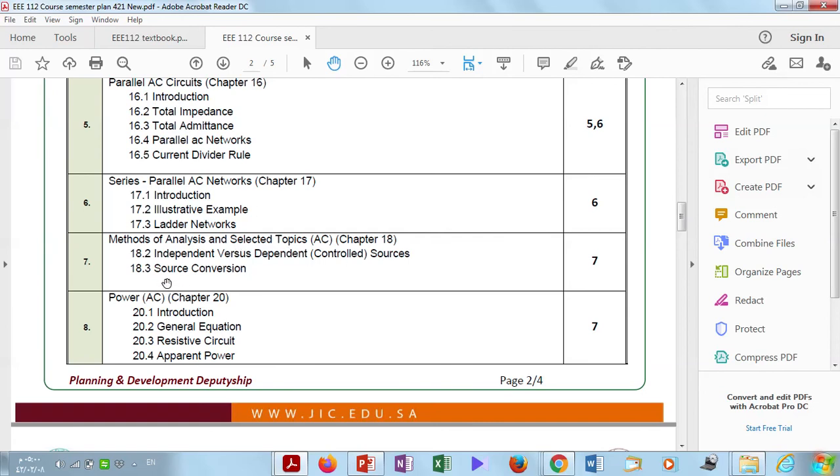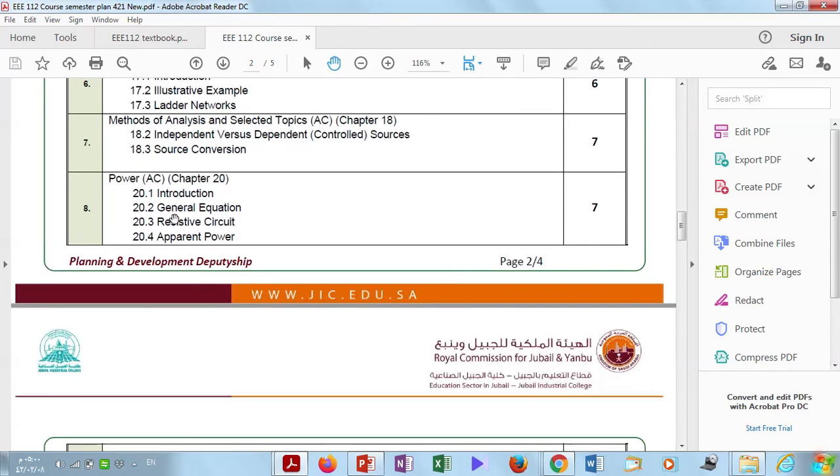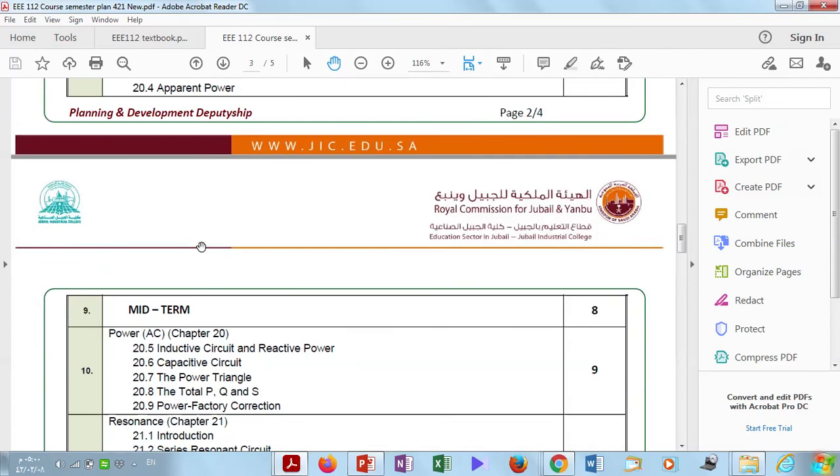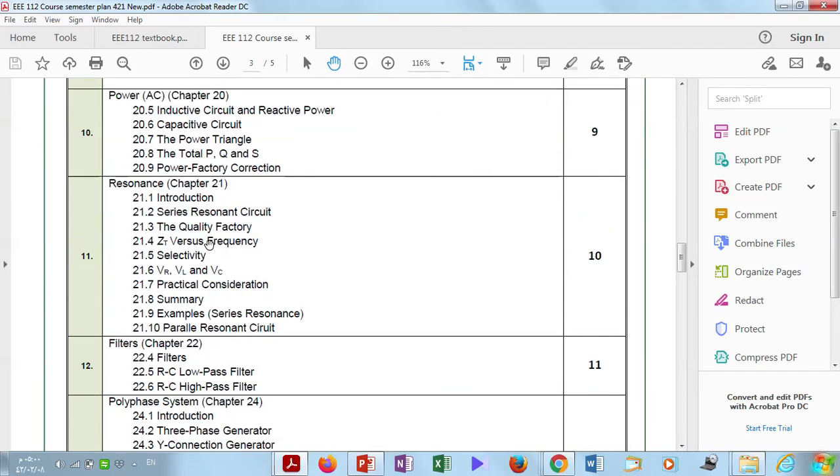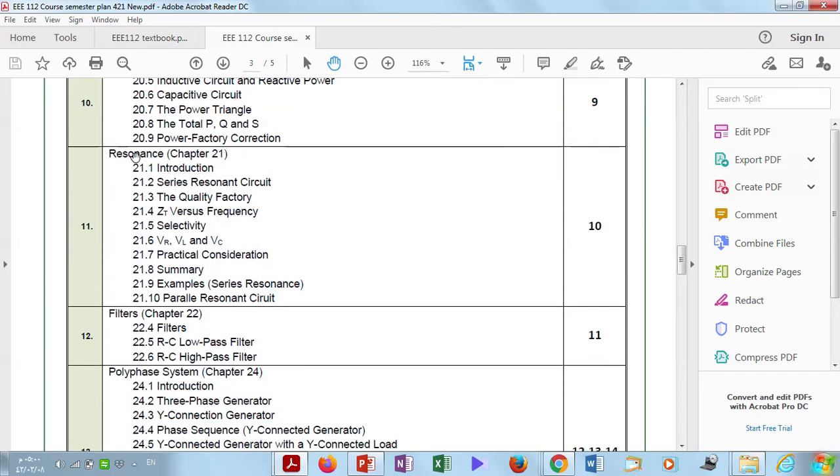If you remember, in Circuit 1 we studied source conversion. In chapter 20 we will start talking about power for AC. Everything about power in AC we'll start in chapter 20. There are two chapters, chapter 21 and chapter 22, about something called resonance.